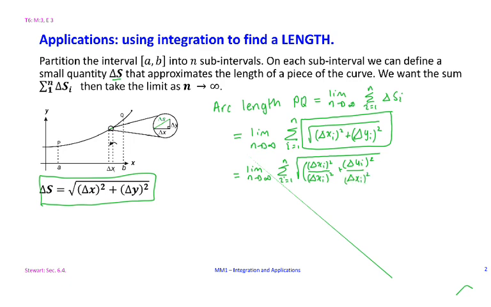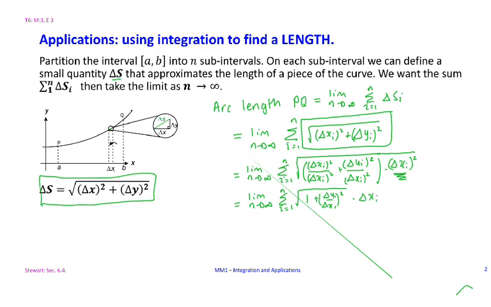Now if we're dividing through by this, we have to multiply it by that. But what this means is we can now take this out. So we have the square root of 1 plus delta y over delta x all squared, times delta x.